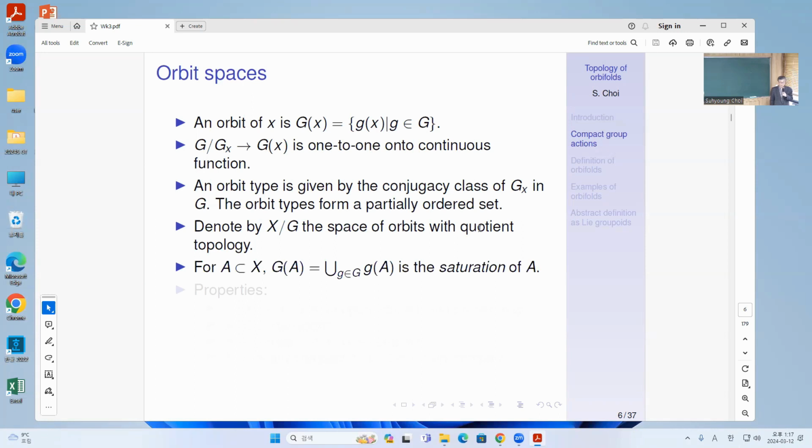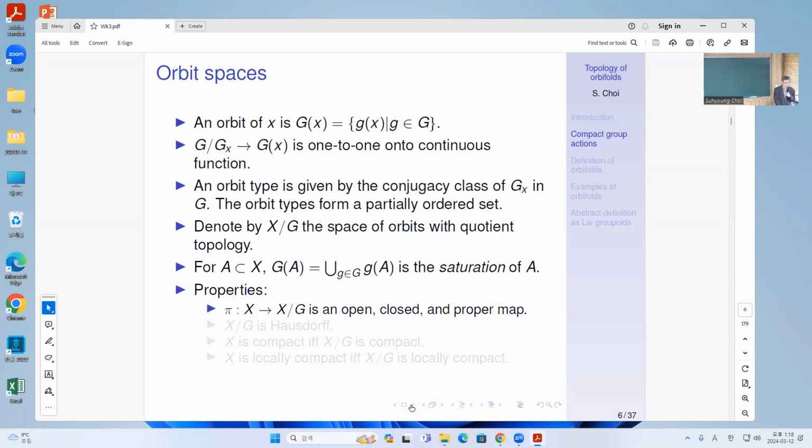This is the saturation of A. In the quotient topology, the saturated set is what you get when you push it to the quotient space and then pull back. Any element equivalent to A must be of this form.